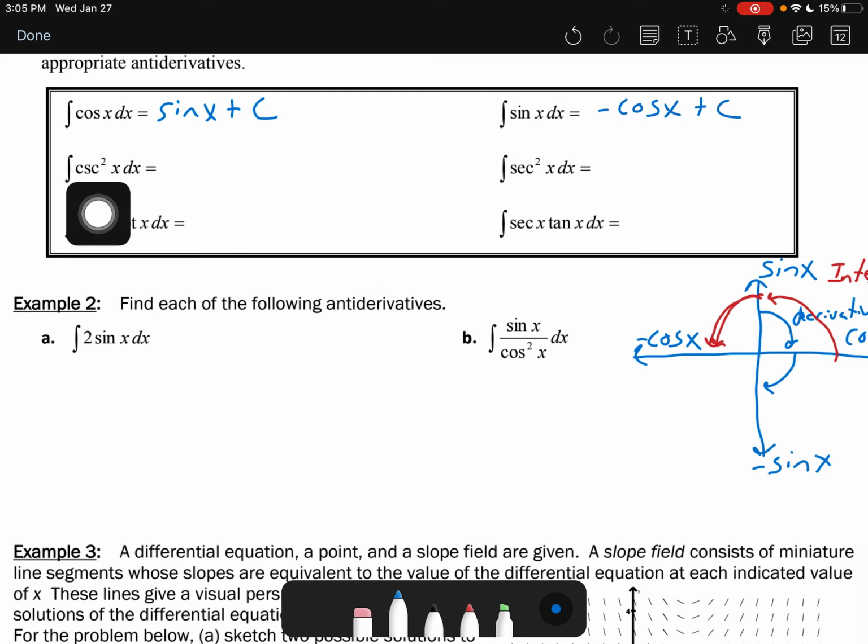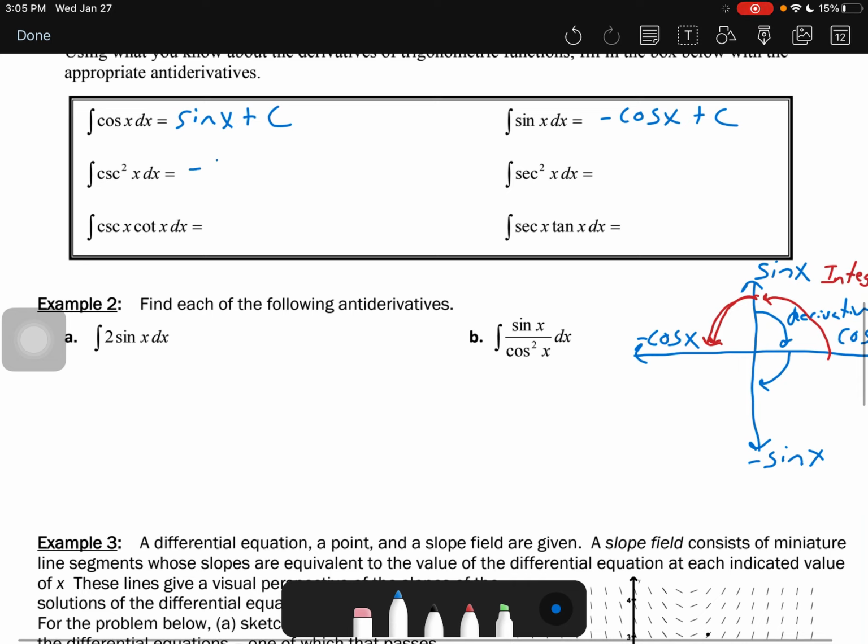Now, if you remember some of these other ones, the derivative of cotangent was negative cosecant squared. So that means the antiderivative of cosecant squared would be negative cotangent of x plus c, okay? And the co-functions, those were the ones that involved the negatives.